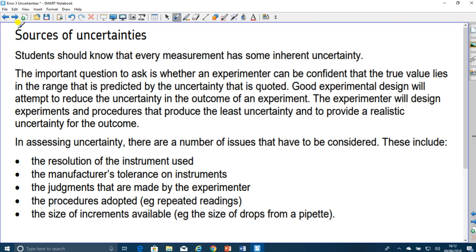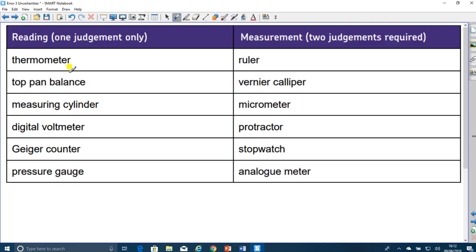Now, when you do this, it's really important, because you're going to calculate errors in a moment, that you are clear between readings and measurements, because this is what they're going to be looking at. Okay. Now then, with a reading, that's where you'd only make 1 judgment. So, for example, a thermometer.